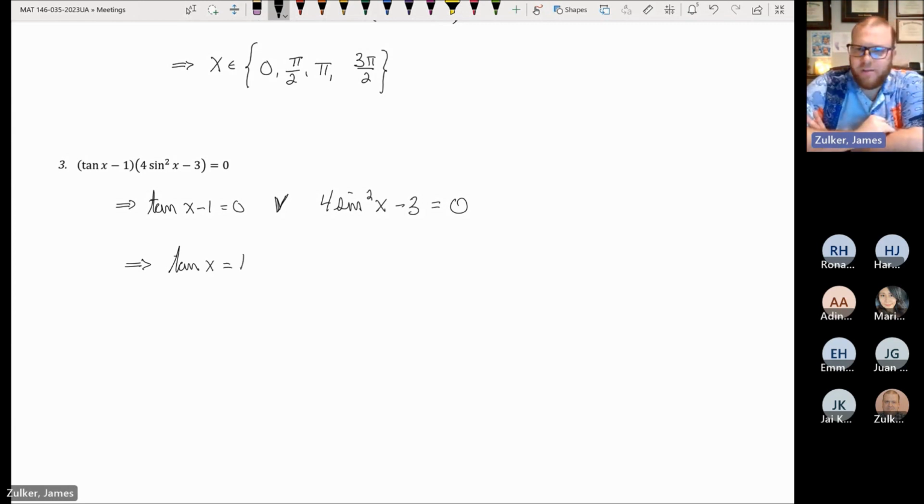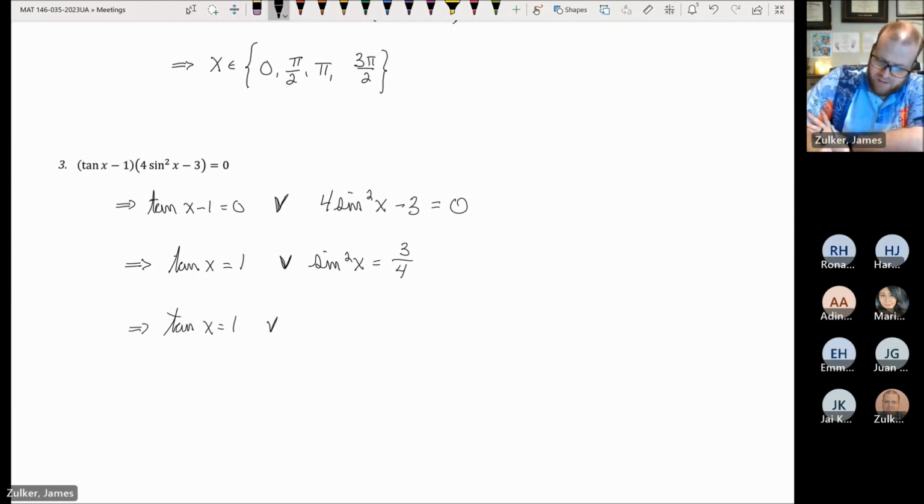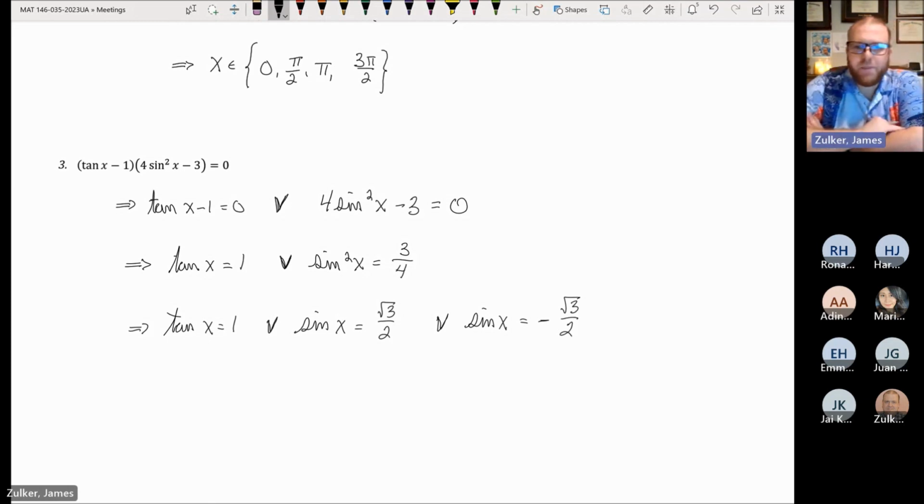We get tan x is equal to 1, or sine squared of x is 3/4, right? So tan x is 1, or sine x is √3/2, or sine x is negative √3/2.